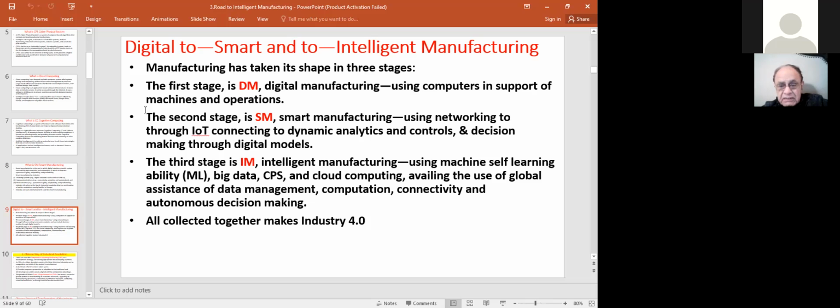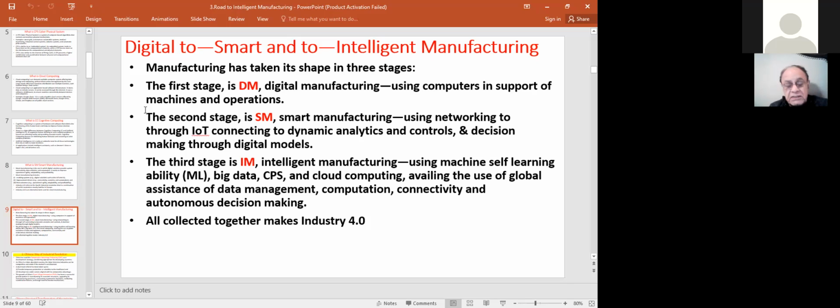In this stage, we use networks. Networking means connectivity, from one machine to a central control unit, or from a central control unit to big data and servers. This second stage is called smart manufacturing.